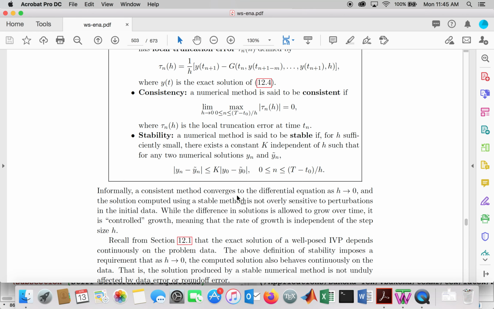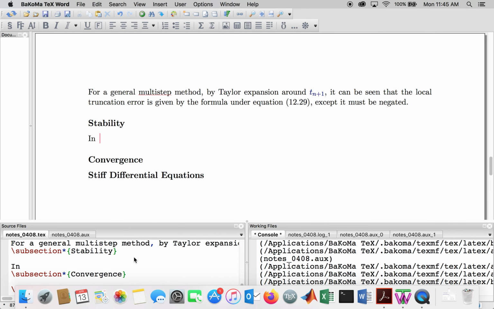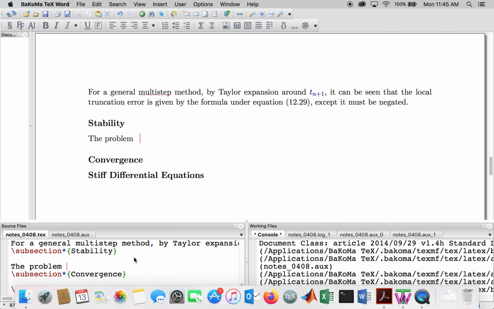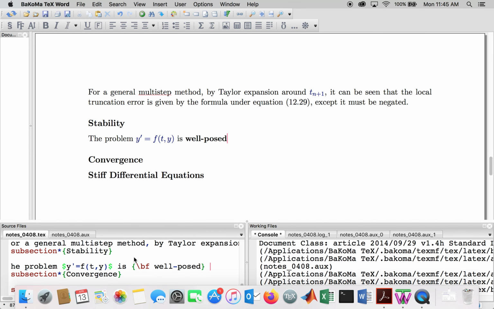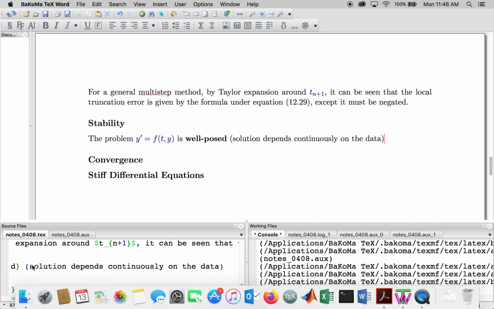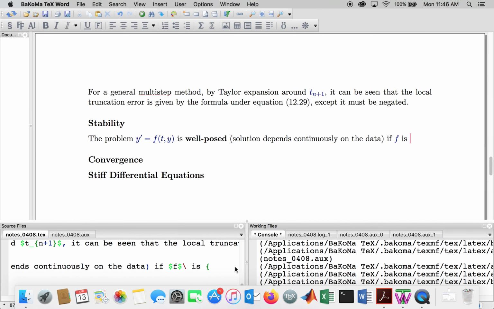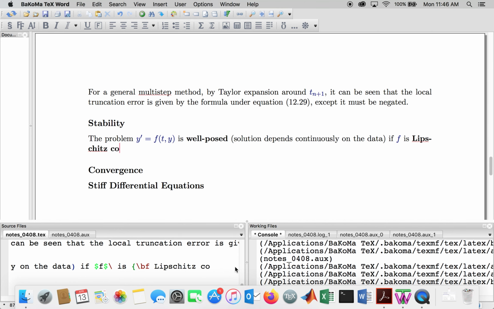So for stability, the problem y prime equals f of t, y, the original ODE we're trying to solve, is well posed, so the solution depends continuously on the data, if the function f is Lipschitz continuous.